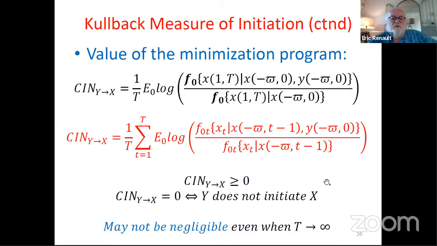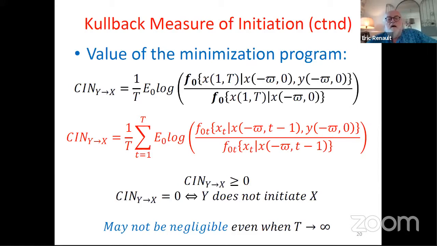Same thing, it is non-negative, and it is 0 if Y does not initialize. The point is that people have often overlooked this term, saying that it was negligible. But if you think about it, there is no reason to be sure that it is negligible, even with stationary stochastic processes, even when T goes to infinity. Maybe this term is not negligible.